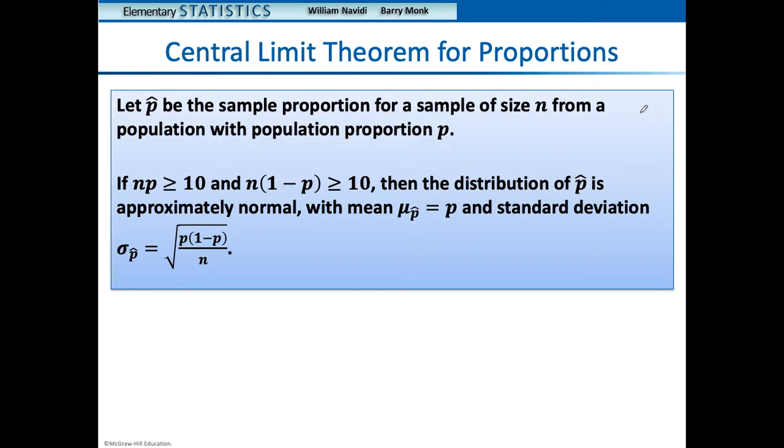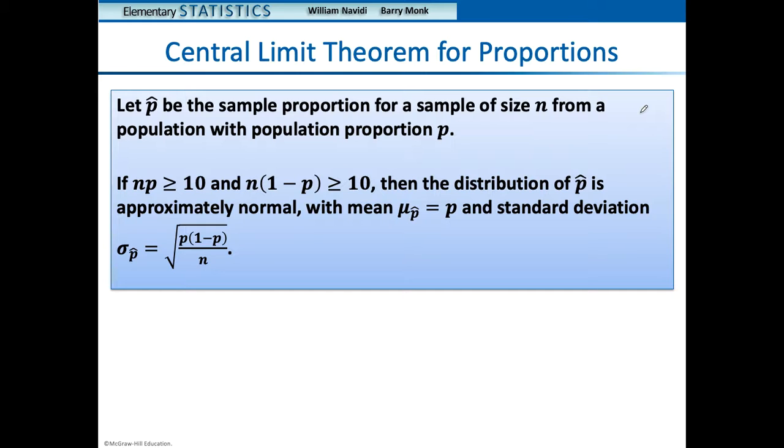into the central limit theorem for proportions, which says, let p hat be the sample proportion for a sample of size n from a population with a population proportion p.